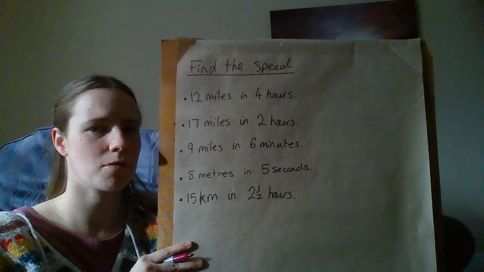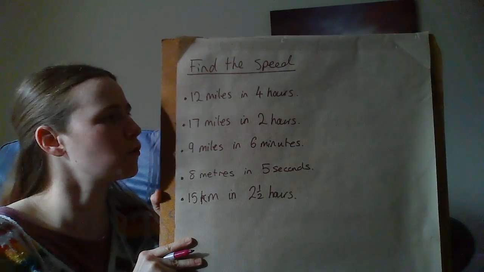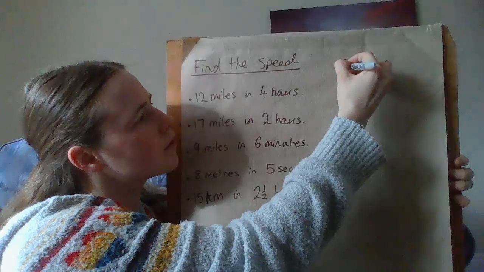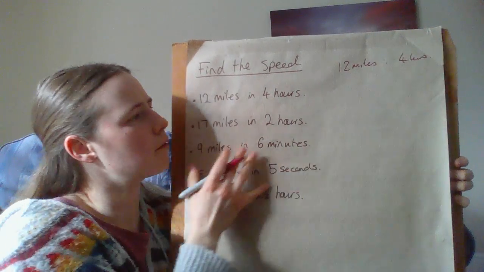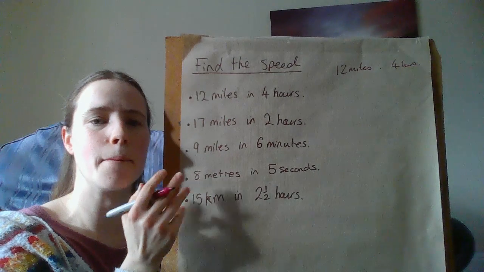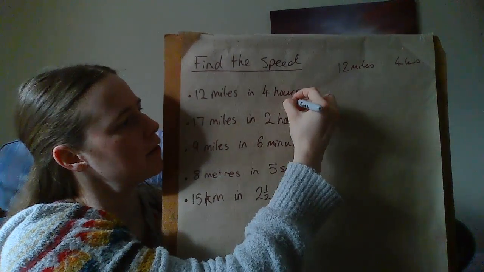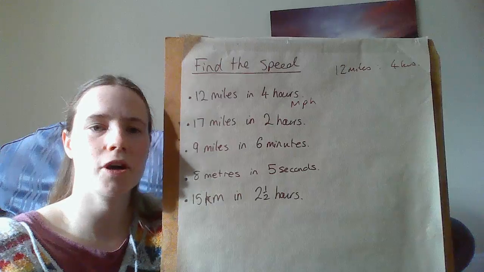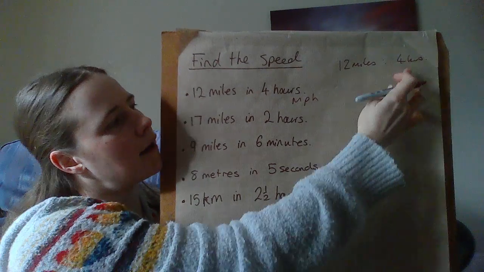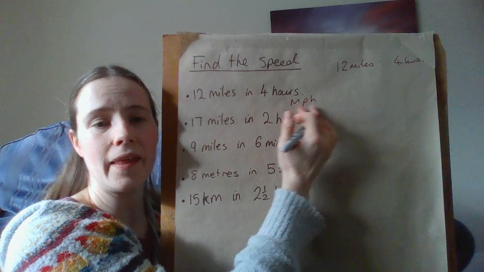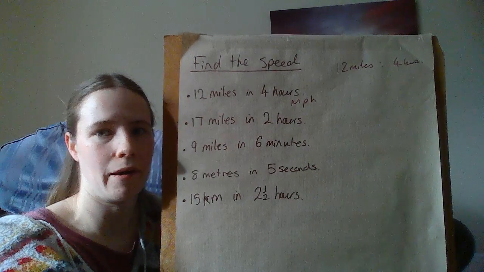Okay then, so for the first one, we've been told we get 12 miles in 4 hours. So 12 miles in 4 hours. Now, what we're going for is a speed in miles per hour. Miles per hour means how many miles you would get in 1 hour. So we need to get our time down to 1, and then the number we've got is how many miles per hour we get.